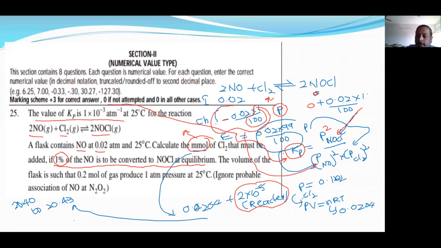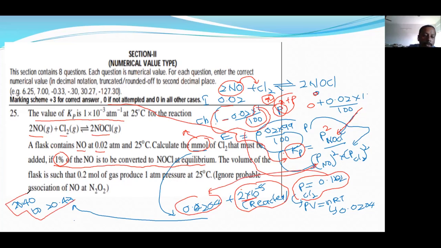After simplifying, the pressure of Cl2 comes out as 0.1202, but it is not the answer. Something has already reacted, so it should actually be X plus P. That reacted amount is half of the NO, since 2 moles of NO react with 1 mole of Cl2. Then the total value will be in the range of 20.40 to 20.403.